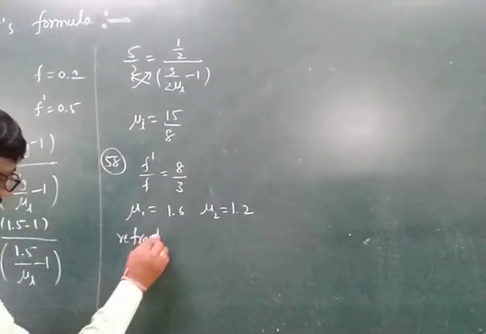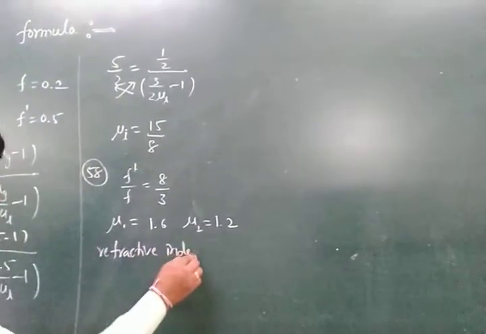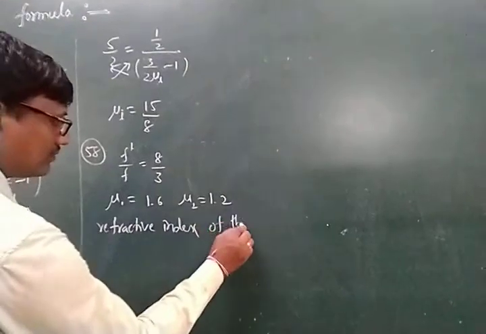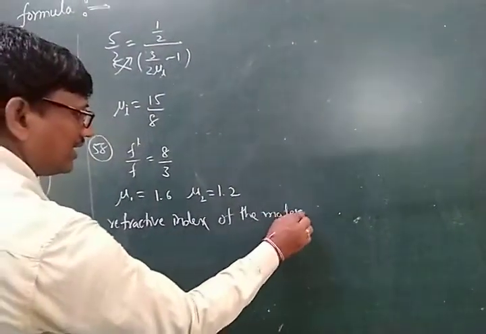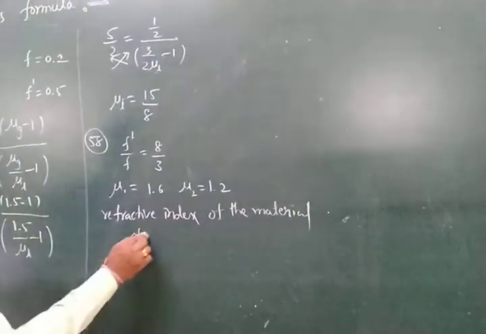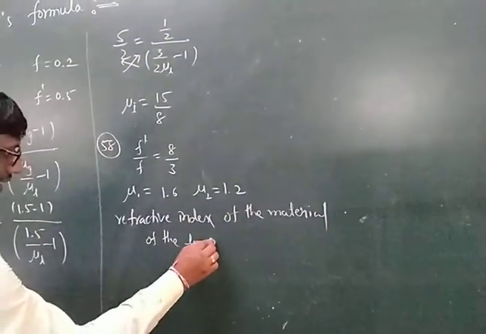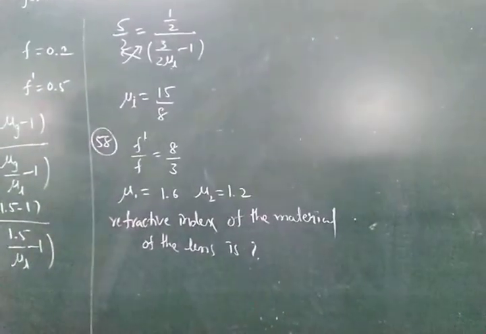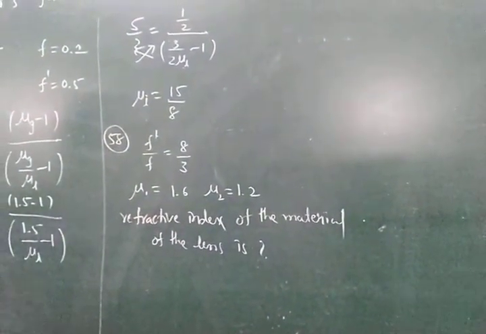The refractive index of the material of the lens is what we are finding.